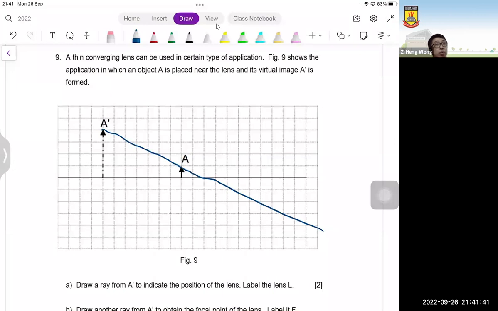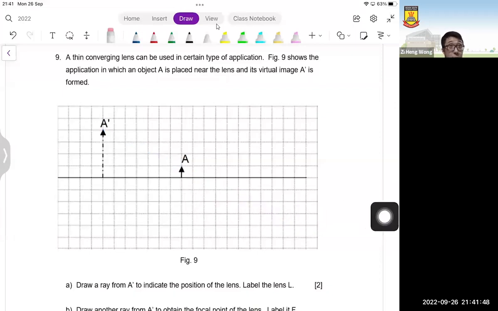Okay, so if you have this more accurate, they ask you where is the lens. Actually, I realize this is virtual and this is real.